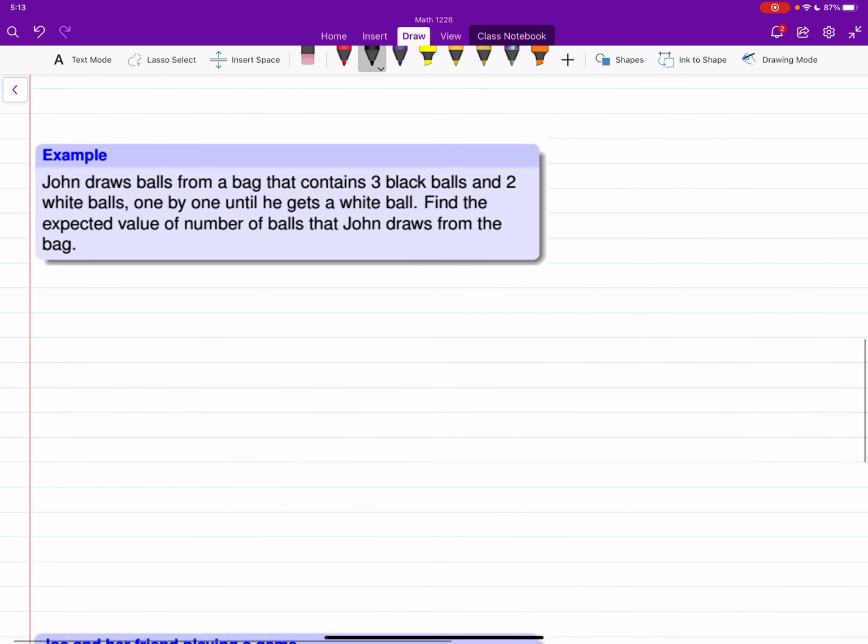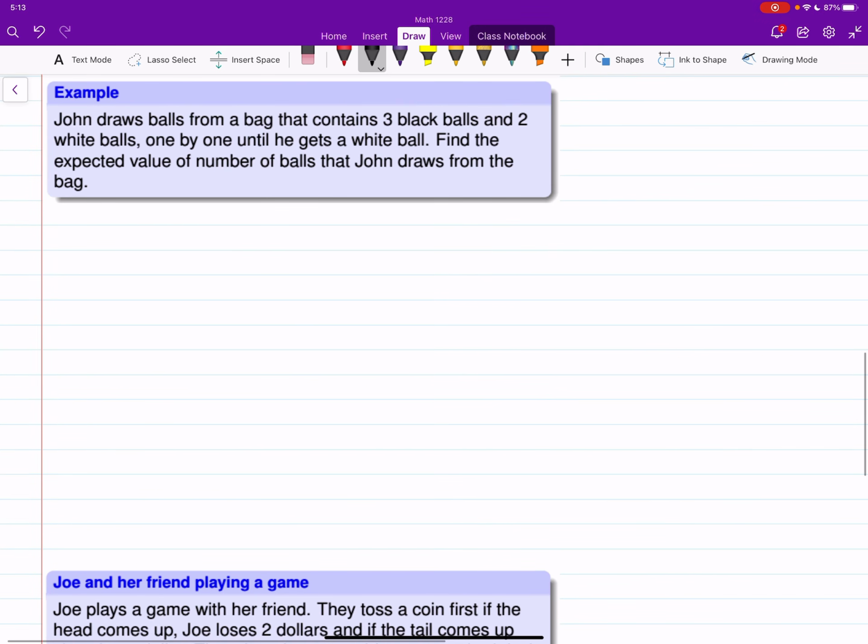Let's do other examples. Remember the game where John was drawing a ball from a bag containing 3 things. We have done this example several times. Here, now, we are trying to find the expected value of the number of balls that John draws from the bag.